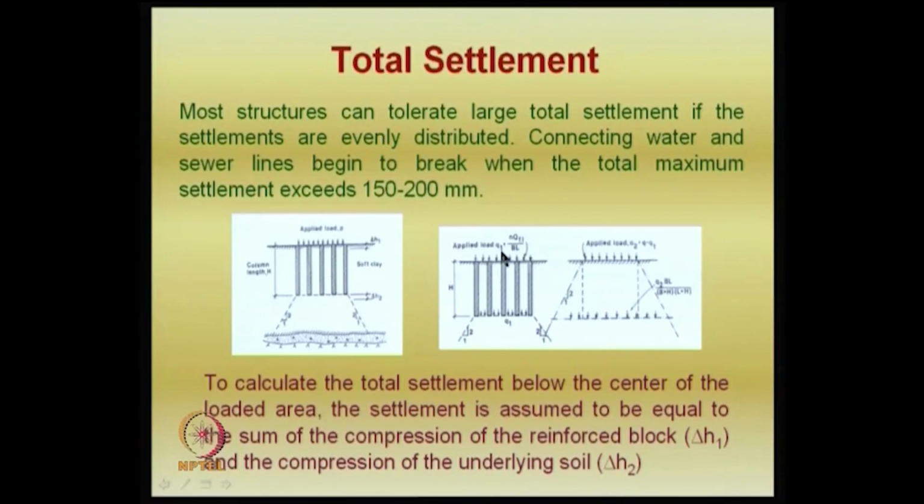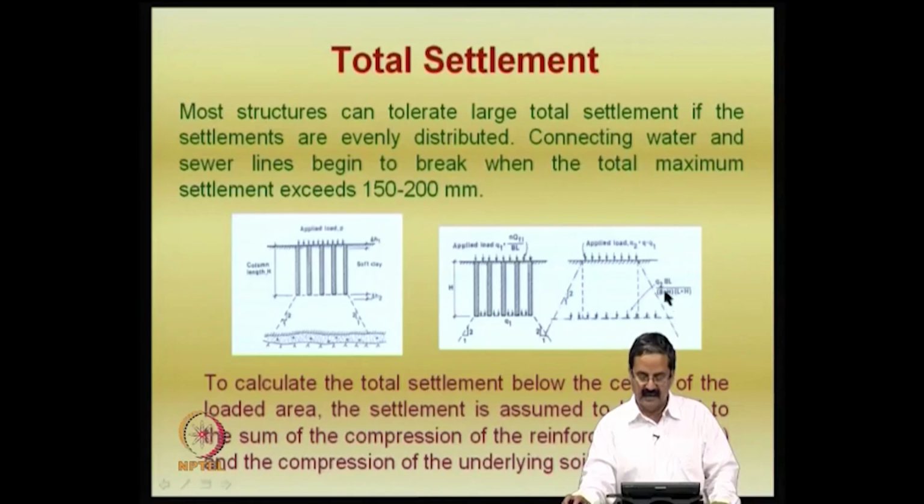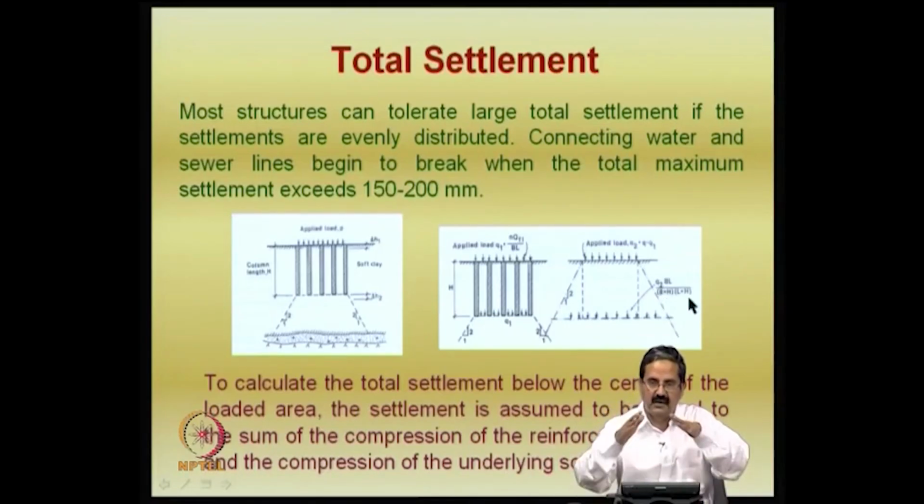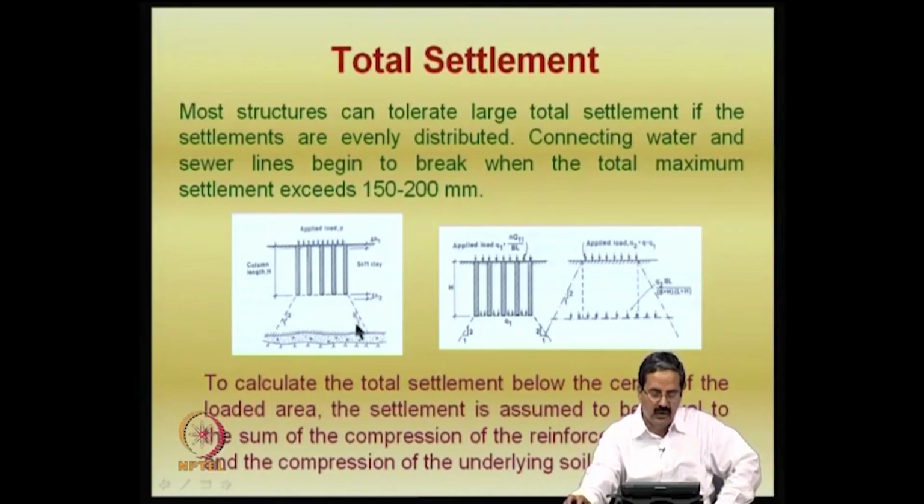Here the applied load Q1 is applied onto this block, and we assume that Q1 also acts here, and the load acting here, Q2, is nothing but Q minus Q1. Then how does it get distributed? This Q2 gets distributed here in terms of, as I said, B plus H into L plus H, as we assume that the 1:2 rule is followed.